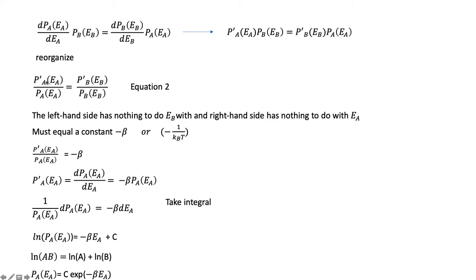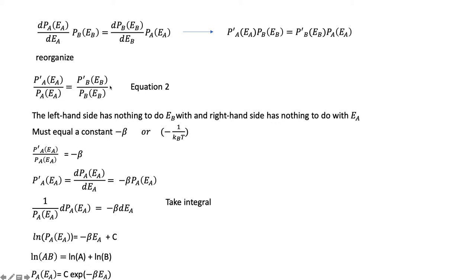What's amazing about this equation is that on the left-hand side, it's all about A, and on the right-hand side, it's all about B. So that means this side has nothing to do with EB, and this side has nothing to do with EA, sorry, the other way around.